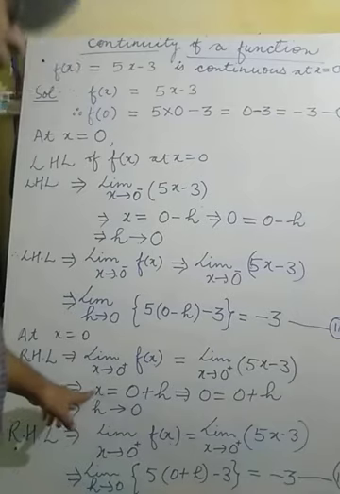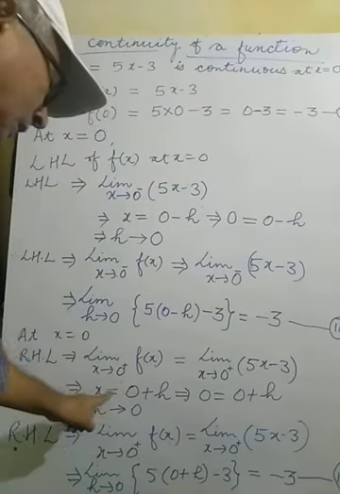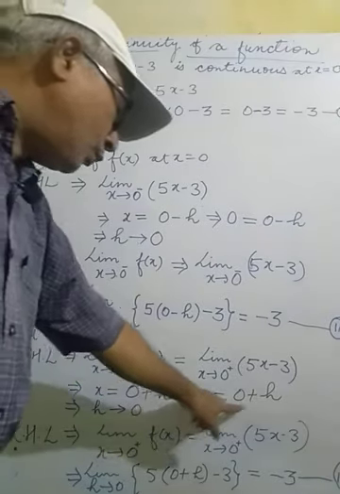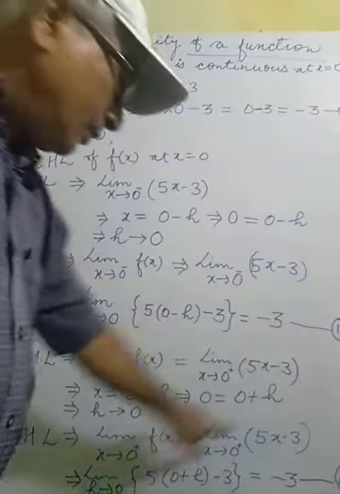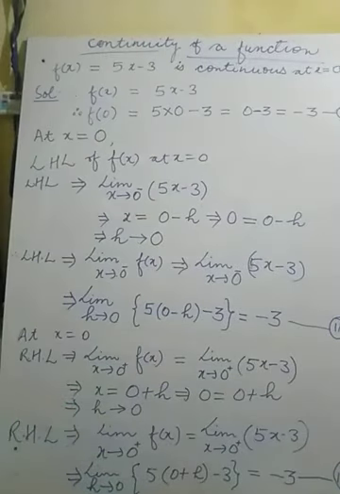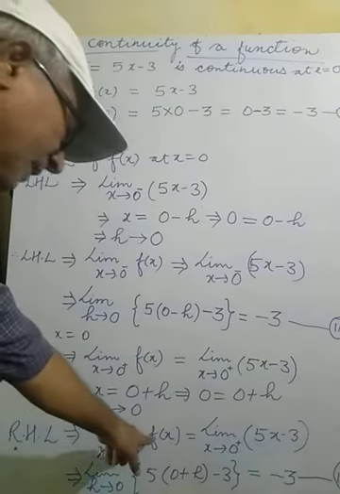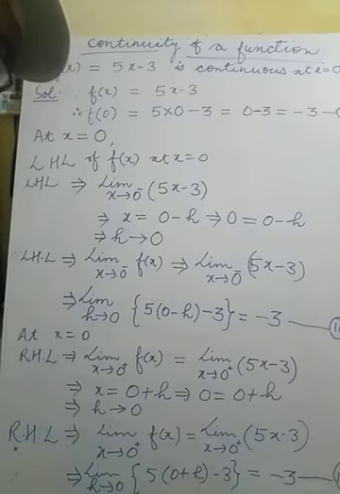So now the value of x is already here 0. In the place of x it will be noted down 0 equals 0 plus h. Now 0 will cancel to 0. So h equals 0. So x is extending to 0 here. Again, right hand limit implies limit x extends to 0 plus, 0 plus indicating right hand limit.